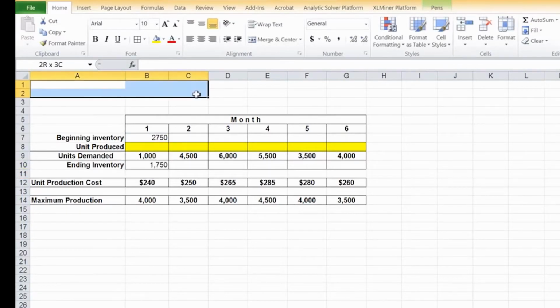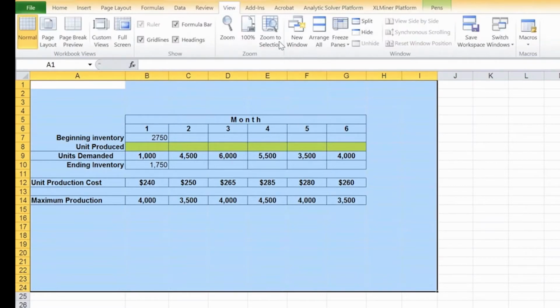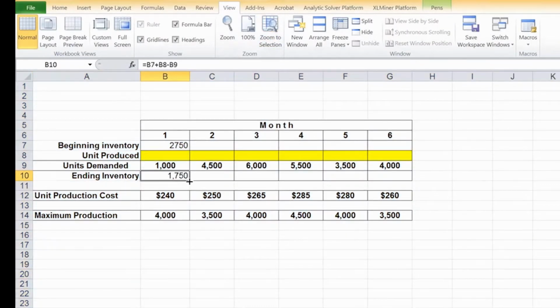Let me enlarge this part. Okay. And for this one, you can copy it all the way here. Just click. Say, okay, it's the beginning inventory plus unit produced minus demand.